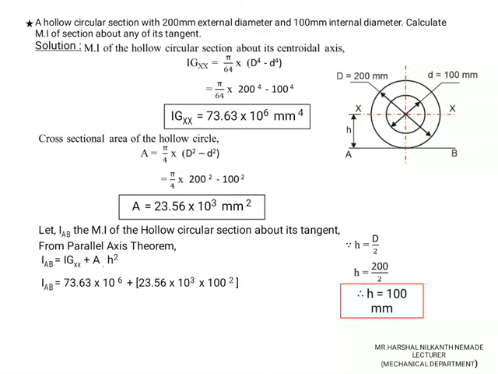I will put that h value and square it, and I will get the answer IAB is equal to 309.23 multiplied by 10 raised to 6 mm raised to 4.